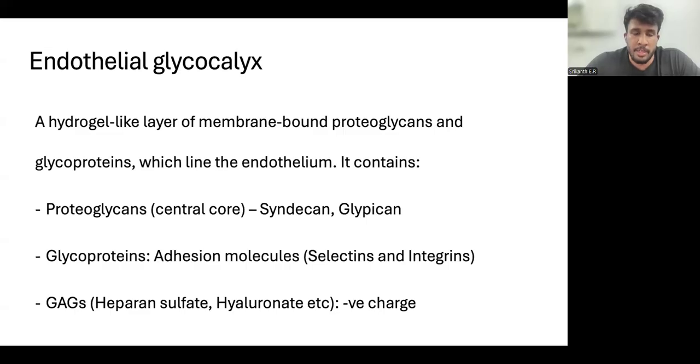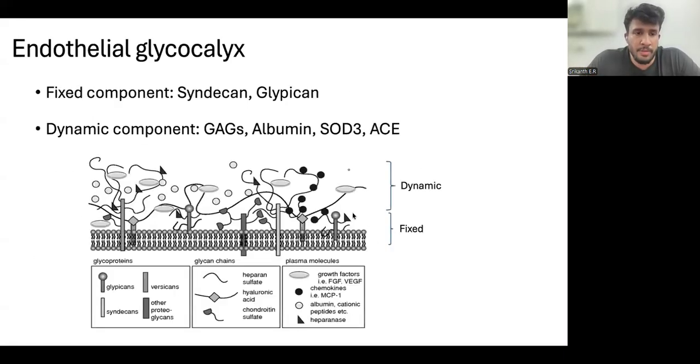There are three major components: the proteoglycans, which form the central core. Examples are syndecan and glypican. You have glycoproteins, which include adhesion molecules like selectins and integrins, and you have glycosaminoglycans, which are the bulk of the hydrogel membrane, and they provide a negative charge. This includes glycosaminoglycans like heparan sulfate, hyaluronate, etc. So this is how it looks.